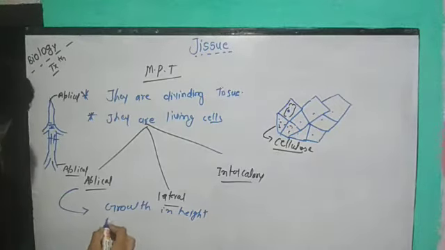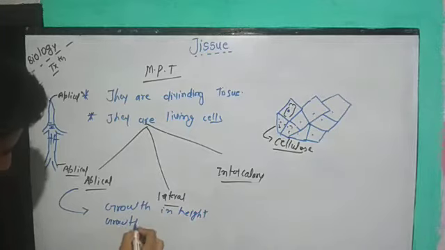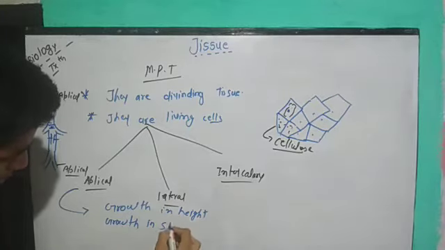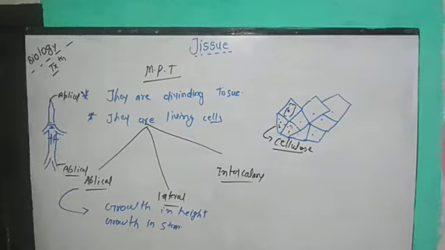The second one is growth in stem, means that they help in the enlargement or the thickness of stems and any other parts of the body, which is done through lateral meristem. And the last thing is that the cells like intercalary help in the strength of the nodes and the branches.